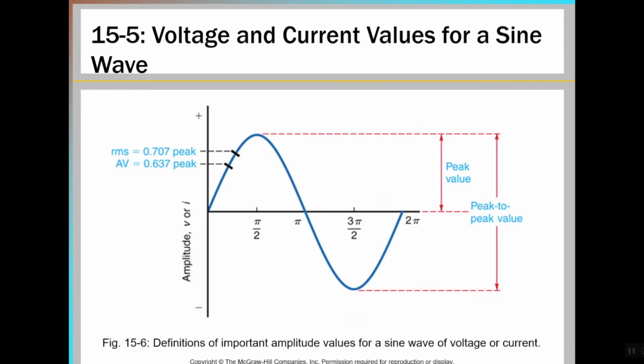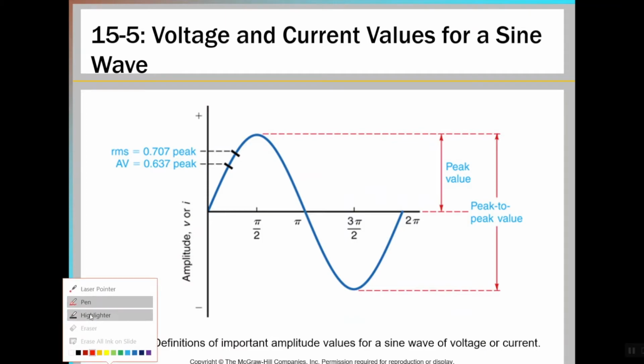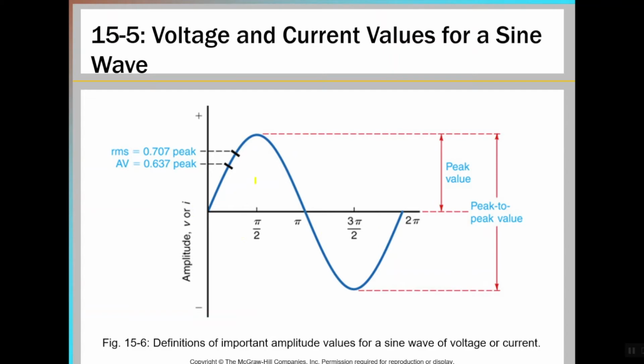Here's how it looks on a waveform. It's basically like this. Here's my peak value, peak to peak. These are important because when you use a digital multimeter to read this waveform, it's going to read the average.